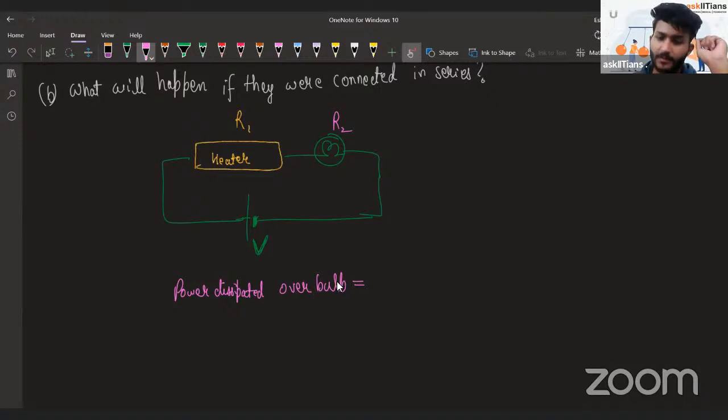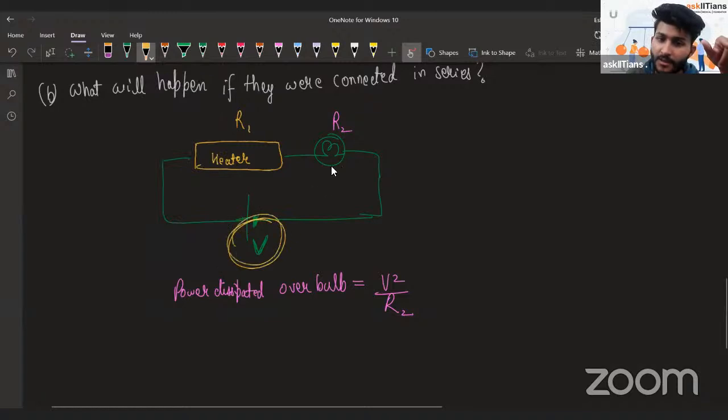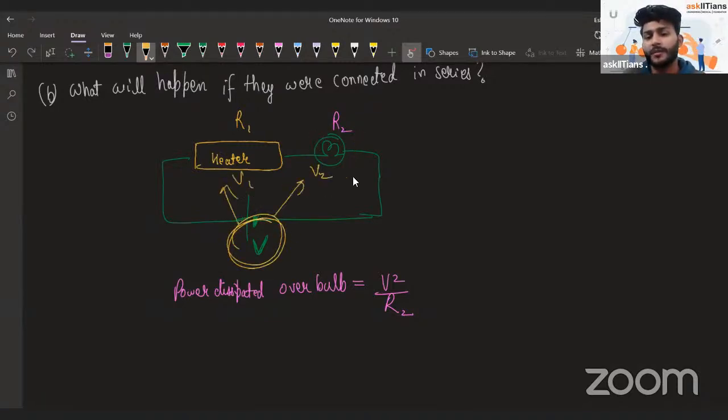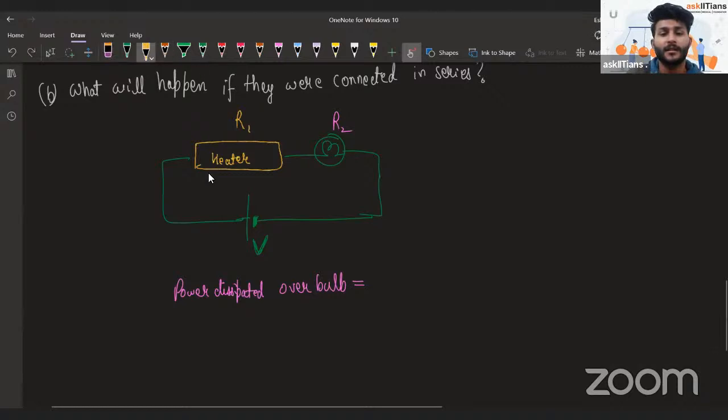We are going to use I square R. Can I not use V square by R2? No, the problem is this potential difference V is not present over the bulb. It will split over V1 and V2, and we don't know how much. So let's not go into that. Safe side, use the formula I square R. The current in this circuit, let's assume I, the formula is I square R2.